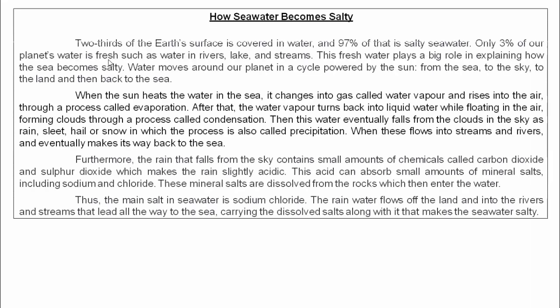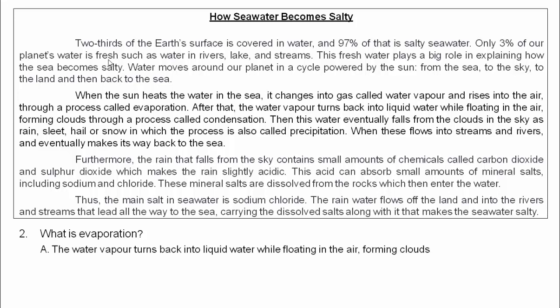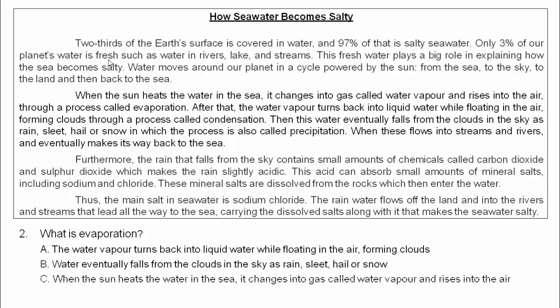The same text, and then the second question. What is evaporation? A. The water vapor turns back into liquid water while floating in the air, forming clouds. B. Water eventually falls from the clouds in the sky as rain, sleet, hail, or snow.